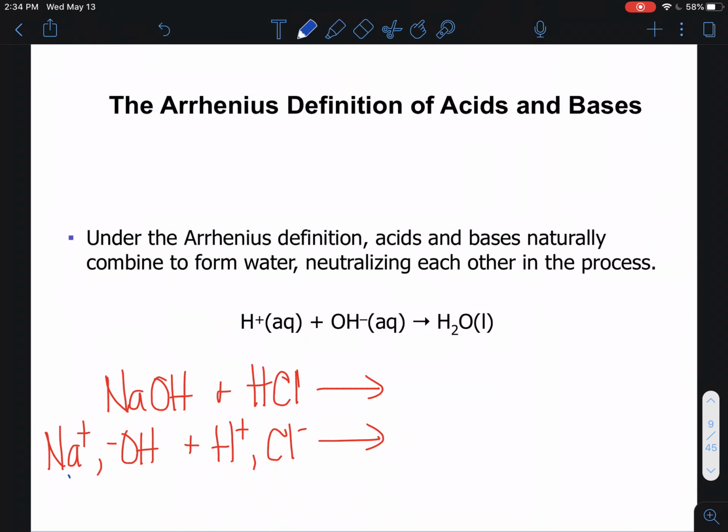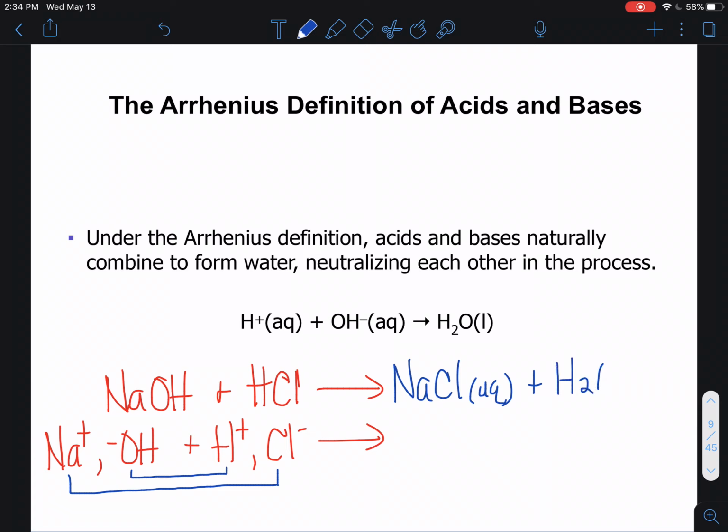The cation from the first is going to react with the anion from the second, and we form NaCl, sodium chloride. This is soluble, so this is our soluble salt. Then the OH minus and H plus form liquid water.